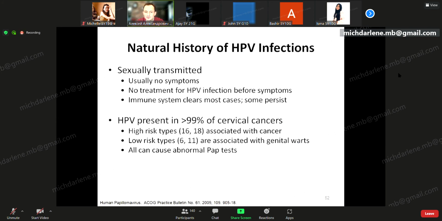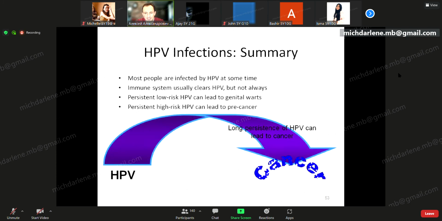Sexually transmitted, usually no symptoms, and symptoms should start only after the formation of the organic trouble. And organic trouble, in case with cancer of the cervix, will be too late. So HPV goes to the cancer.